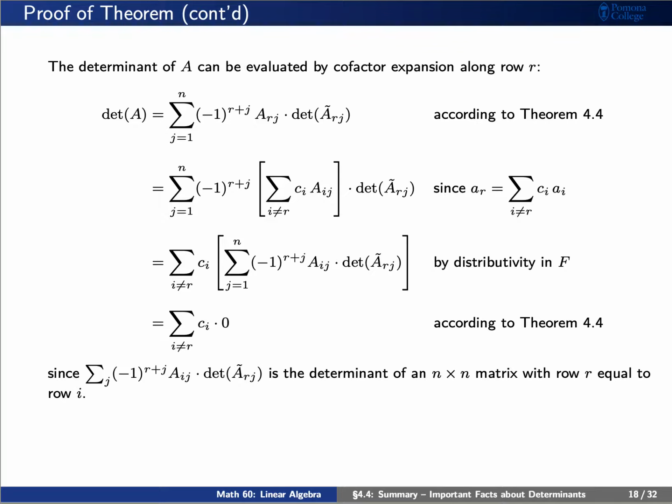This here is the determinant of that n by n matrix whose row r is actually equal to row i. That means that here we have the determinant of a matrix that has two equal rows, hence the determinant is 0. So this does indeed show that the determinant is 0 whenever the rank is strictly less than n.